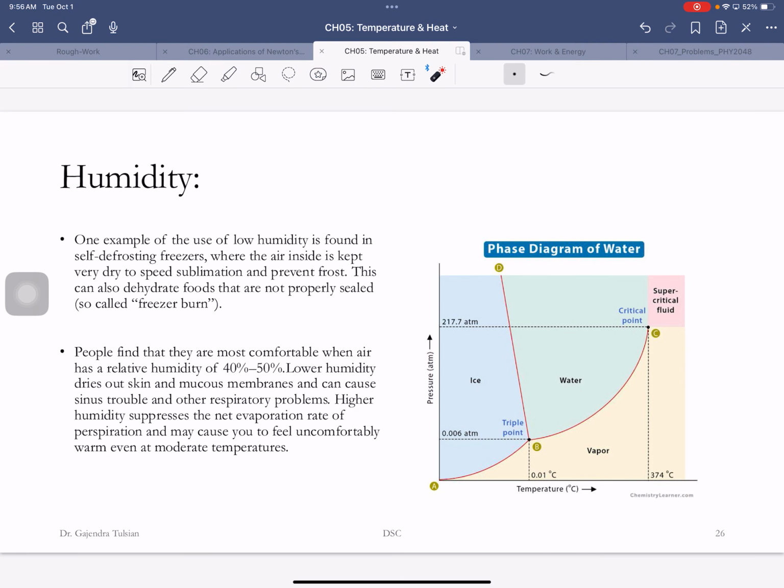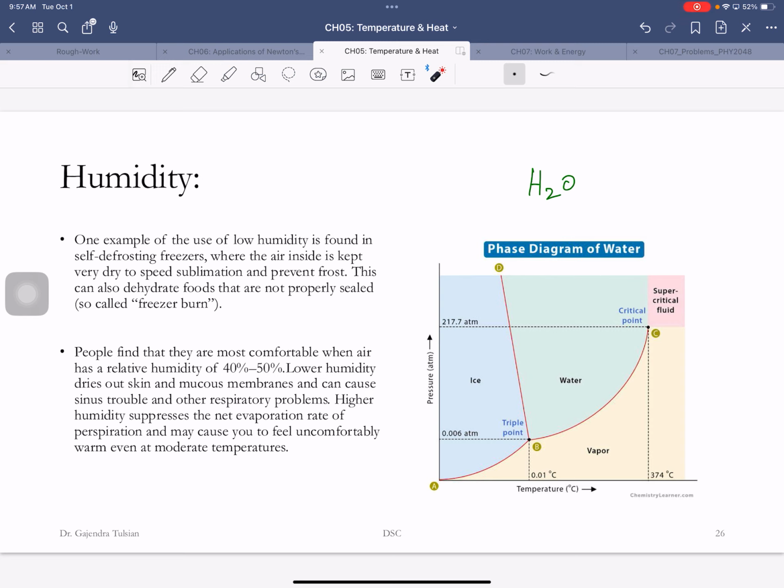Well, why is that a good thing? Because your food doesn't get ruined. Okay, so here's what this graph says. This is the phase diagram of water. What this tells you is, for this substance, H2O, in what phase can it be at these pressures and temperatures?